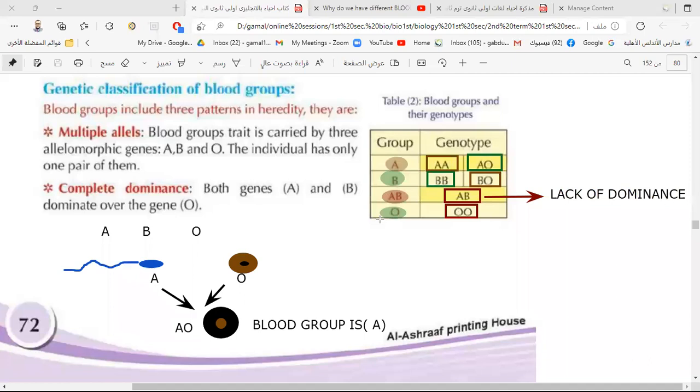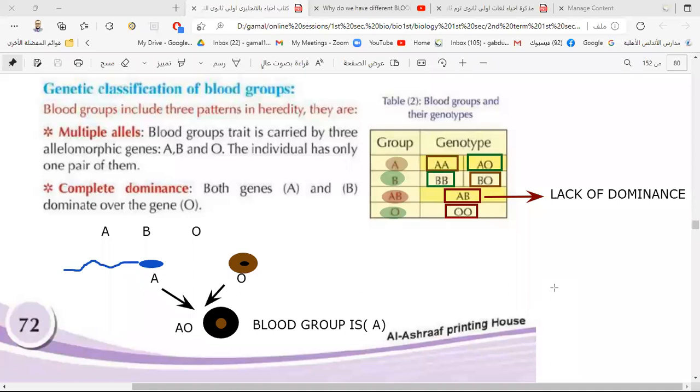So we have to know from this that there is Mendelian inheritance and non-Mendelian inheritance. In the inheritance of blood groups, we have both Mendelian and non-Mendelian traits at the same time.